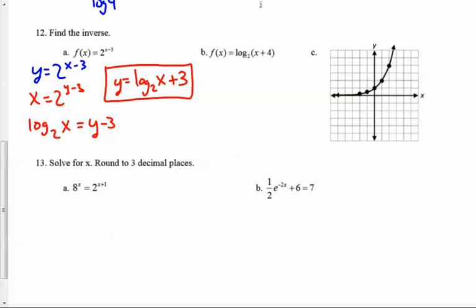The same thing if I give you an exponential as if I give you a logarithmic. I need it to be rewritten into an exponential equation solved for y. So the first step is to change x and y. So we'll say x equals log base 2 of y plus 4.